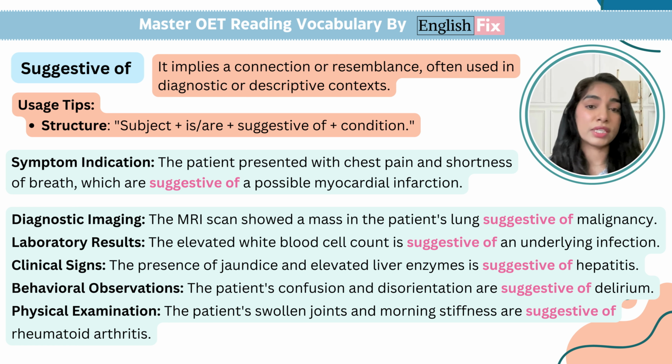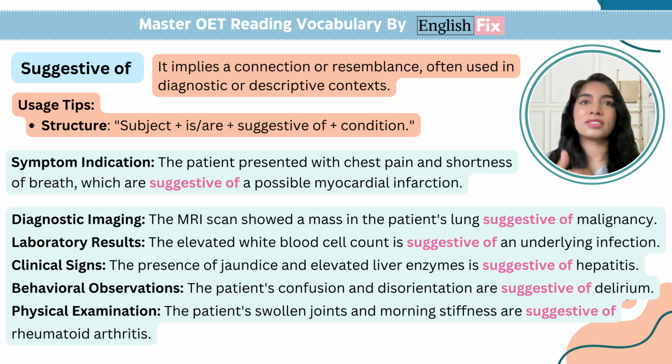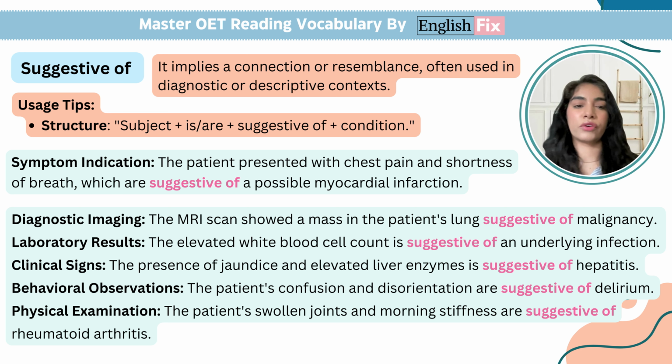So that's why I'm saying that his symptoms are suggestive of, rather than saying that he has anemia or diabetes. So it can be used in your OET writing as well, but do not use the term "resemble" in your OET writing, because "resemble" would create confusion for the reader.